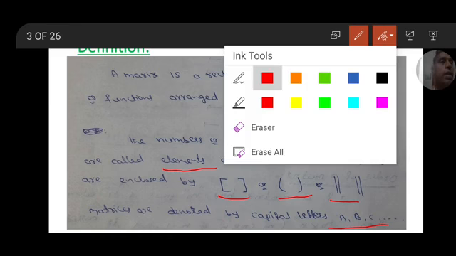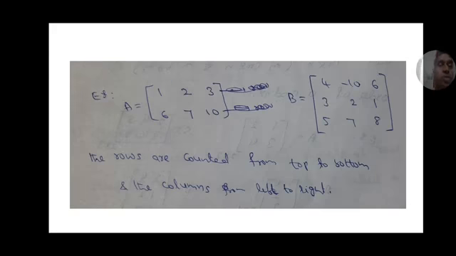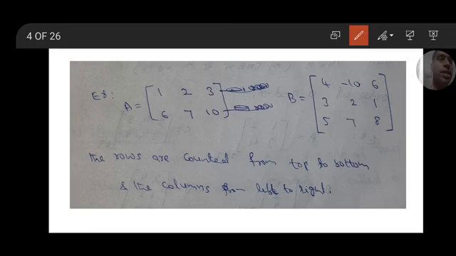Okay, now we can move to examples. For example, A equal to [1, 2, 3; 6, 7, 10]. That is the matrix. In this, 1, 2, 3 is the first row R1, and 6, 7, 8 is the second row.